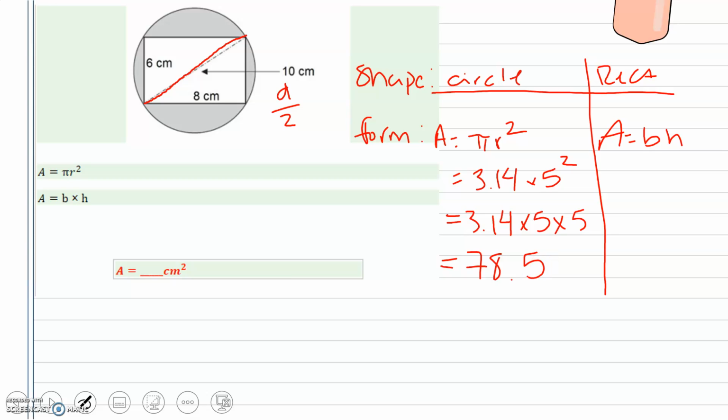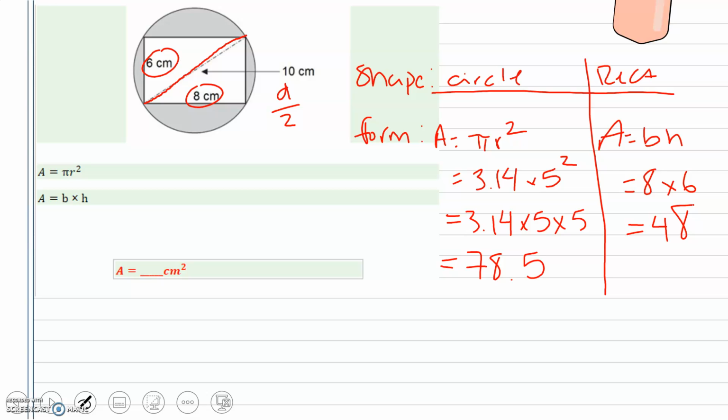Now that's for our circle. Let's move to our rectangle: our base times our height. My base is 8 and my height is 6, which gives me 48.